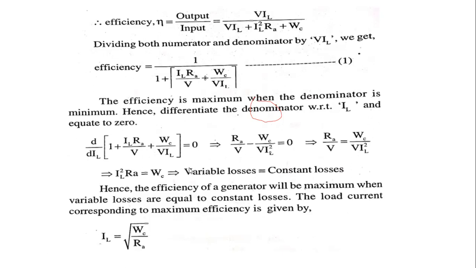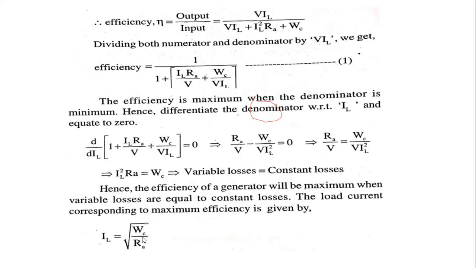From this, we can write IL square is equal to WC by RA. The square moves to the other side and becomes a square root. Therefore IL is equal to square root of WC by RA.